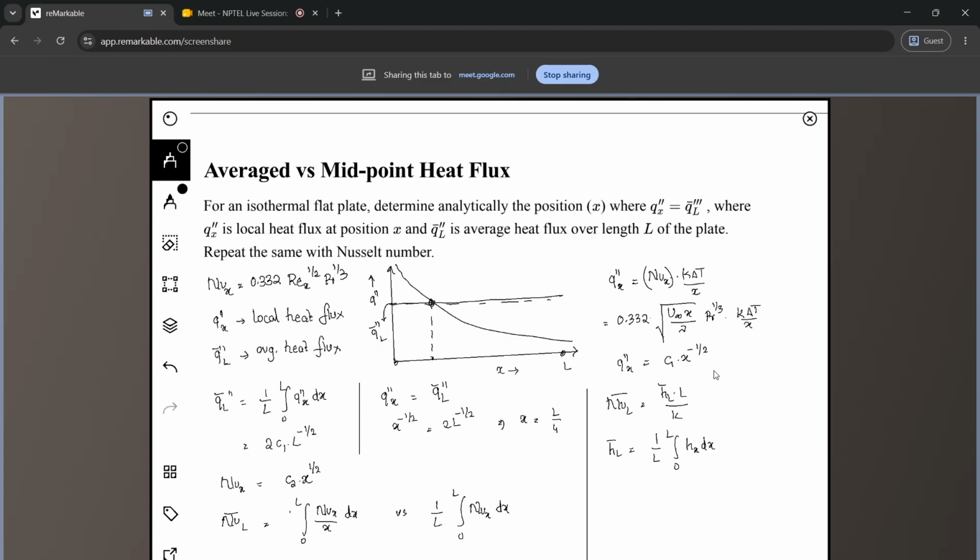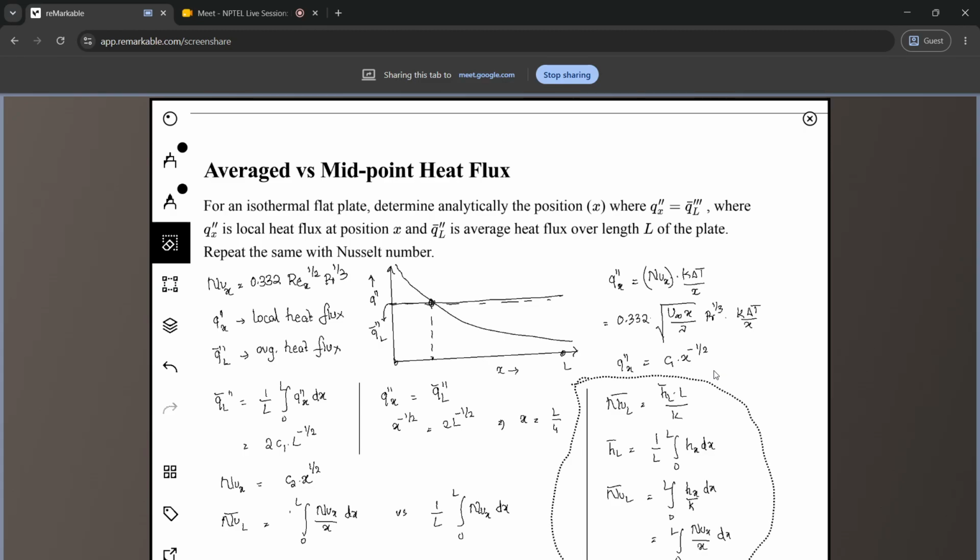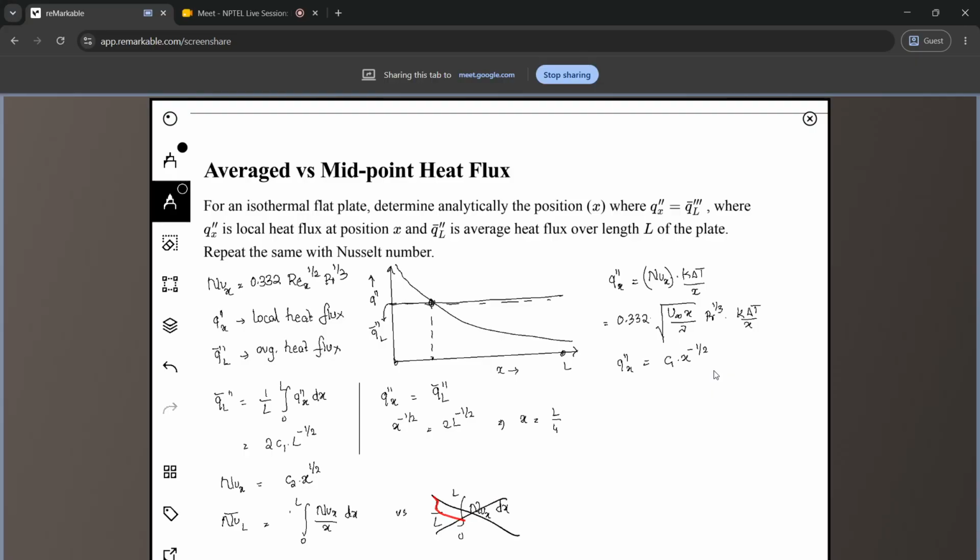If you substitute that back, Nu L bar will have 1 by L cancelled, so we have the integral 0 to L of h x dx, where the local heat transfer coefficient is given by Nu x by x dx. I think this part is clear. So the point I'm trying to make here is do not use that relation. Use this relation and compute the average Nusselt number.